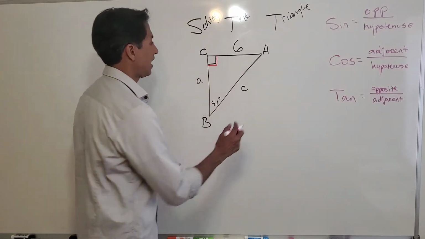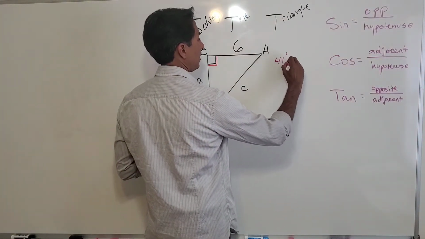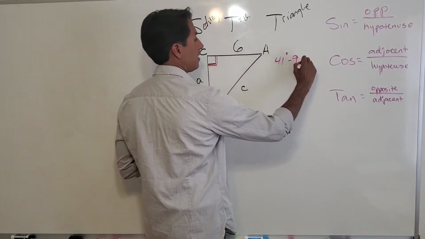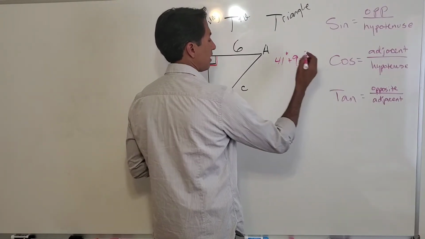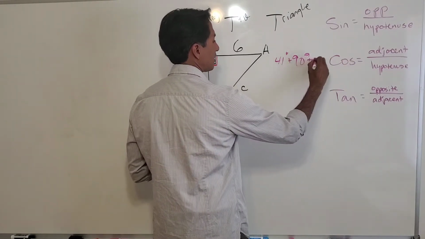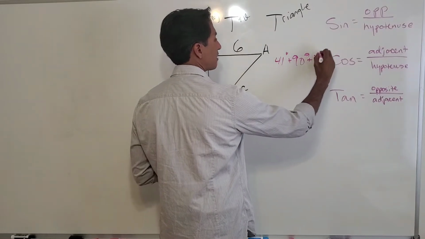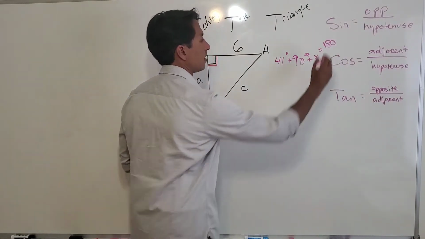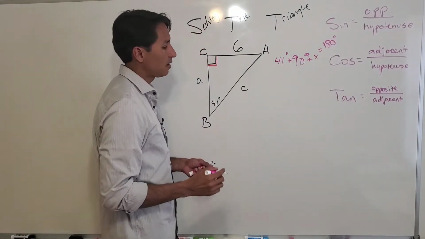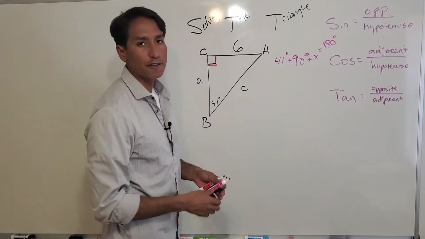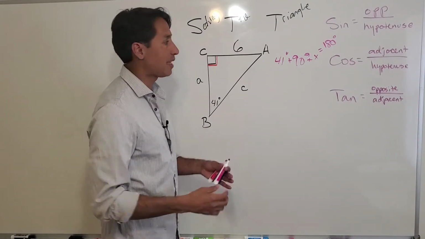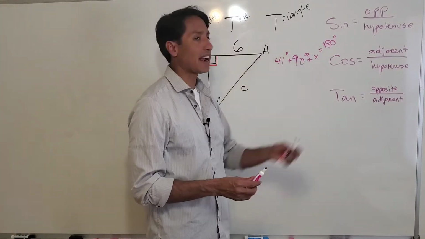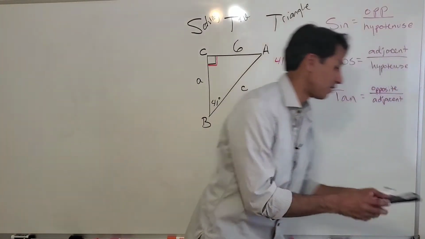If I know that this angle is 41 degrees and I know this angle is 90 degrees, then I know that plus another angle, x, equals 180 degrees. And now I can just solve for x. There are different ways to do that. You could combine these and subtract them, which is the algebraic way, so I'll do that.